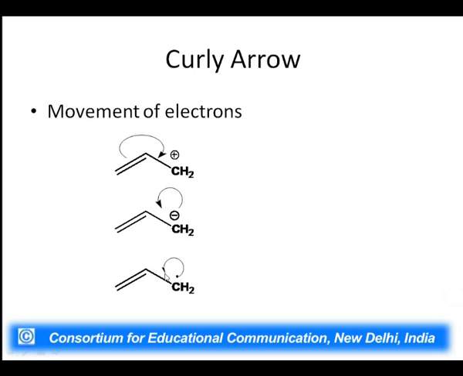So for one electron, I have made a half arrow. So the half arrow will move to this part and another half arrow will take one electron of this C double bond C pi cloud, and move towards this side to make a pi bond here, and we will be moving another electron to this one to get another allyl radical. So this is all about the curly arrow rule.